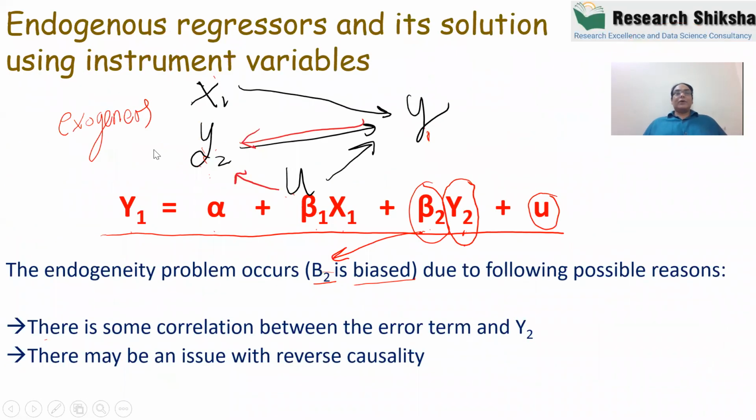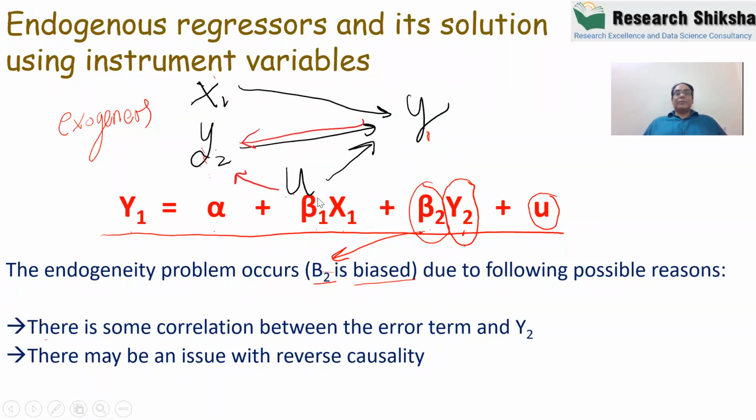So today I am discussing the problem of endogeneity, which can be solved with the help of second stage least square. Now, in second stage least square, what is the reason for endogeneity and how can we solve that? We are going to discuss it.